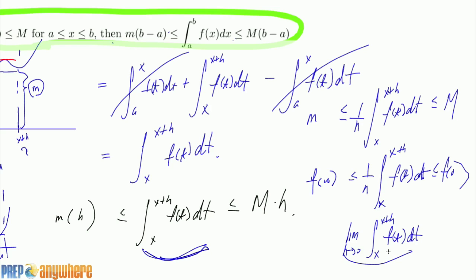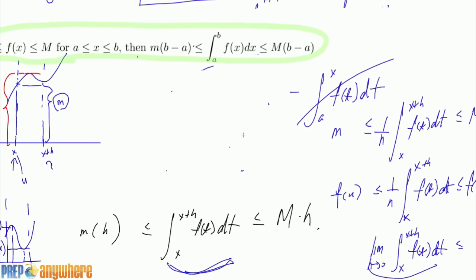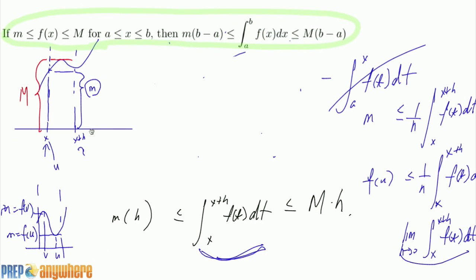Now, if I just attach a limit to the center, this right here is the derivative of the function g. Now what happens as h approaches 0 for u and v? As h approaches 0, this interval is going to get really, really skinny. So both u and v, which are squished between x and x plus h, are going to approach x.